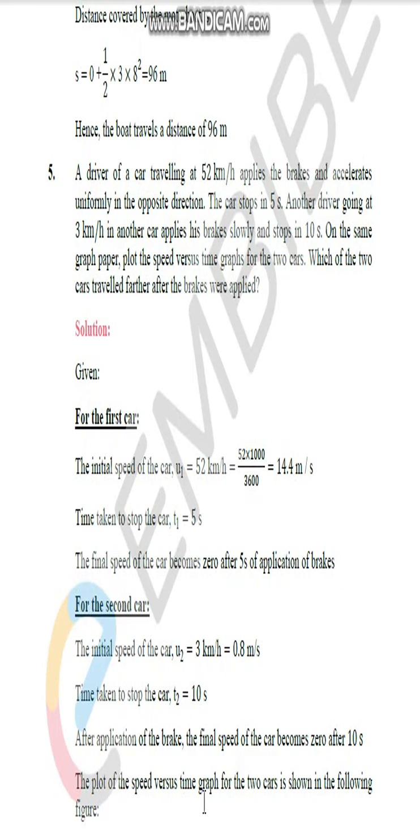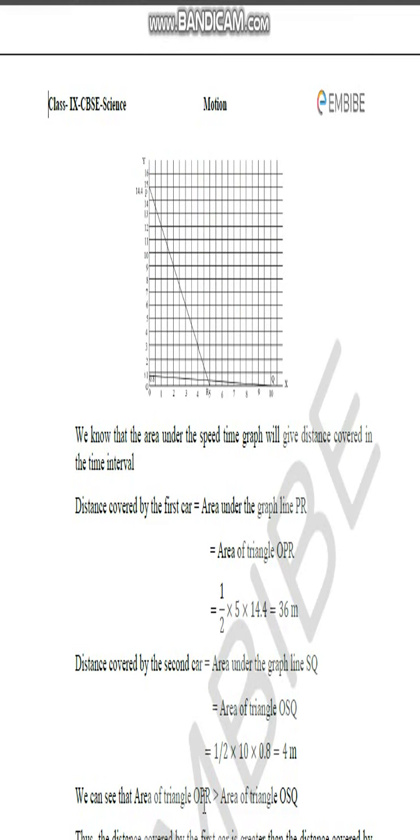So when we have to plot the graph, here is the graph. We'll take the speed time graph. Here is the speed and here is the time. We'll give the distance covered in the time interval.